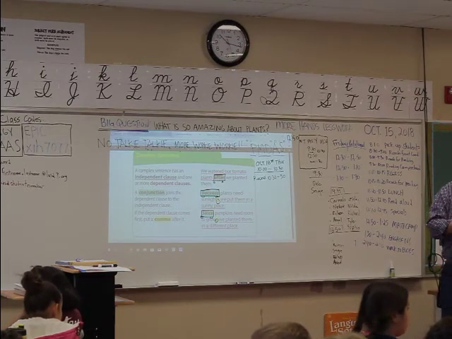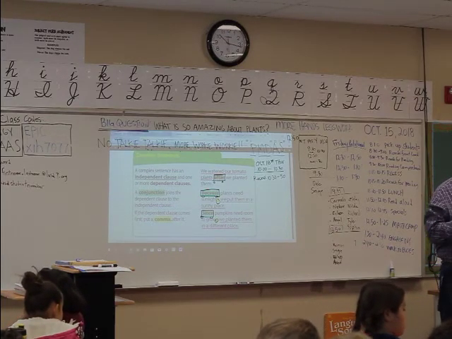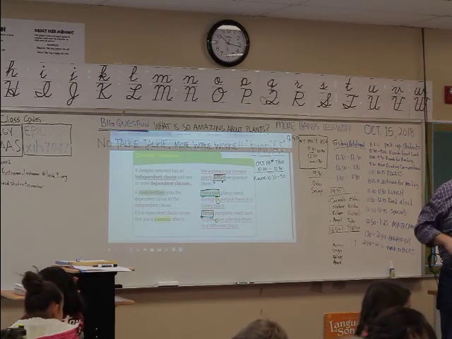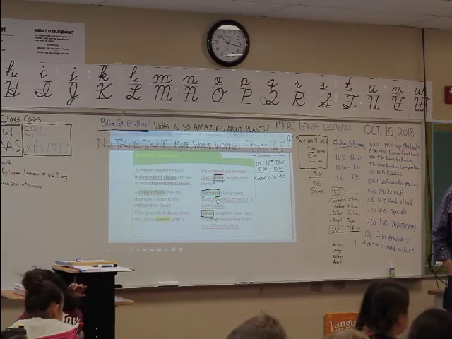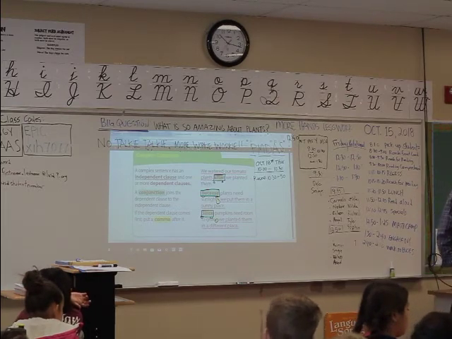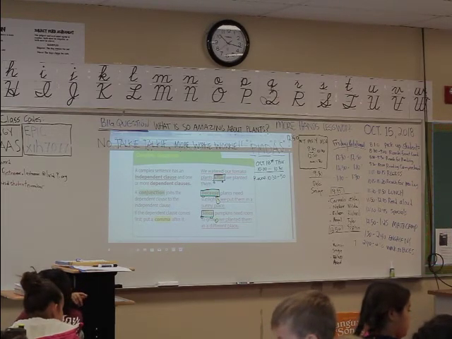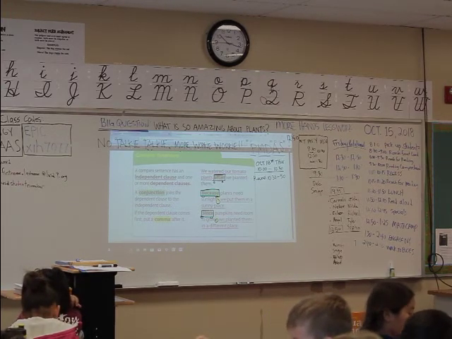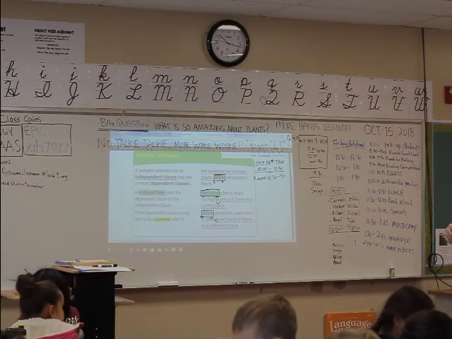Okay, so each sentence has an underlined part. We are going to figure out if it's dependent or independent. Alright, so let's look at the underlined part for this table right here. Who lives next door to Rob? Is that a dependent or independent? Talk to each other and then give me the answer. Okay?